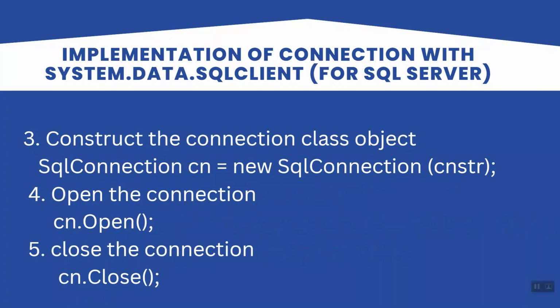Third step is to construct the connection class object. We have the SqlConnection class, the object will be cn, then new SqlConnection with the connection string. Fourth step is to open the connection with the cn object's open method, then close the connection with cn.Close.